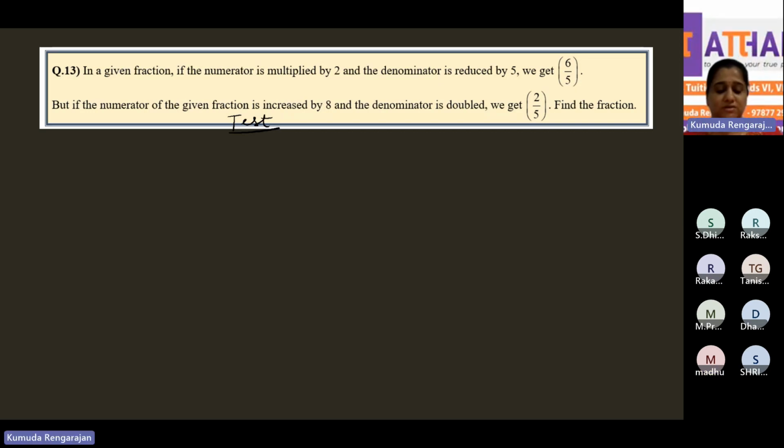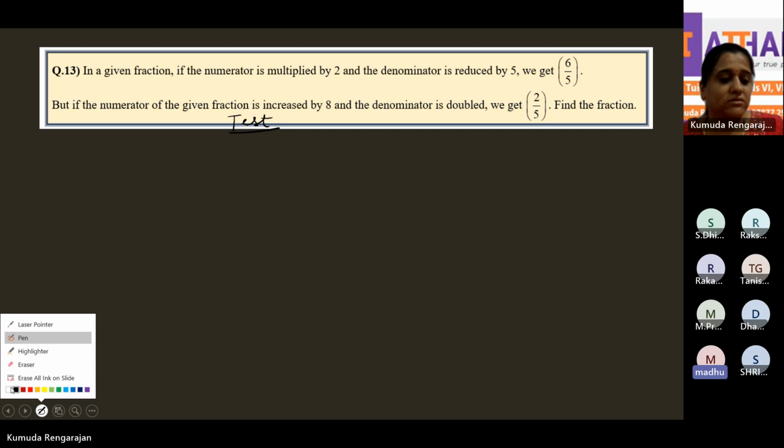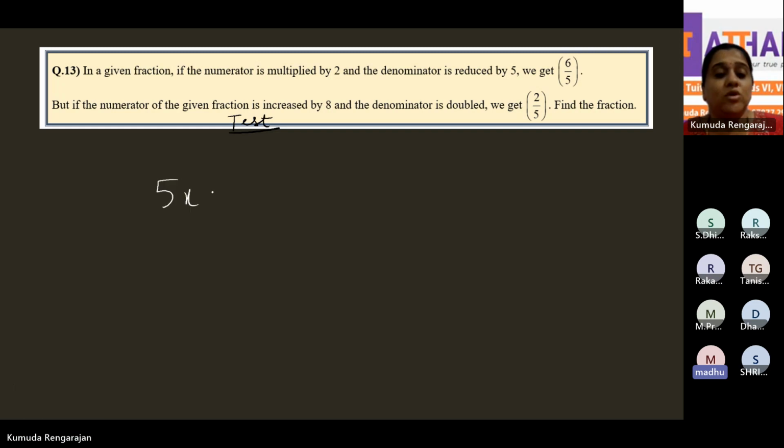Okay, what are your equations? Madhumita, first equation: 5x minus 3y is equal to minus 15. I'll ask Rakshita the second one.